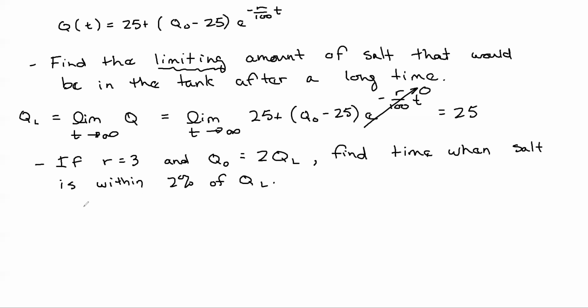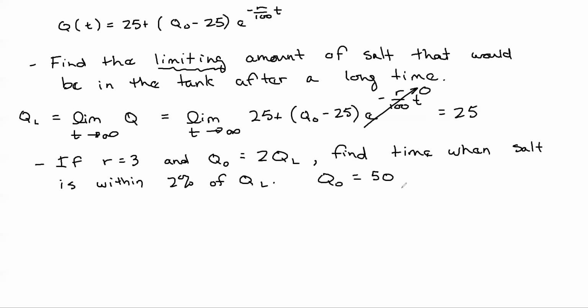You can read into this that if QL is 25, then Q naught is going to be 50. So if we start with 50 pounds of salt, when are we going to be within 2% of 25 pounds of salt? Does that make sense?